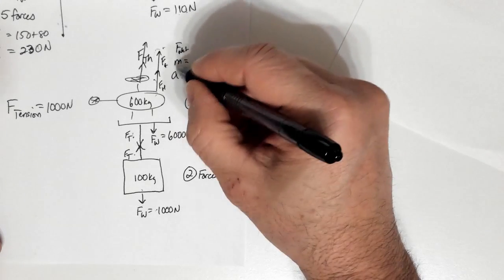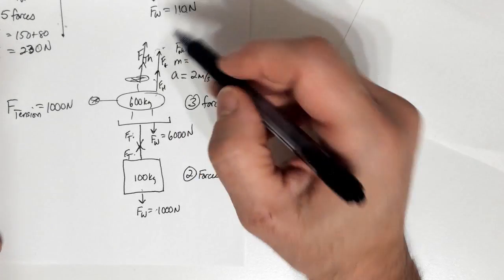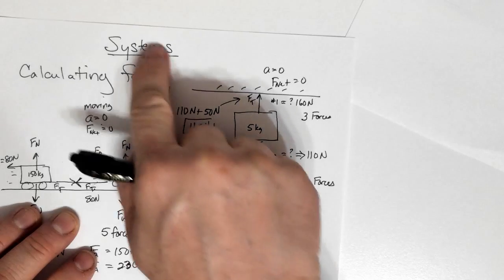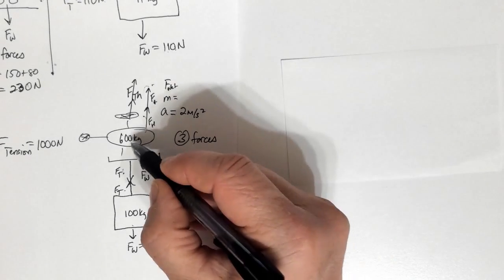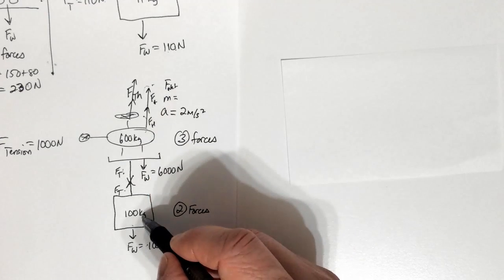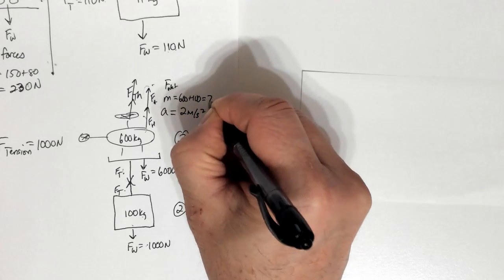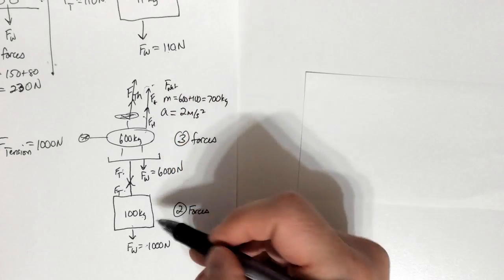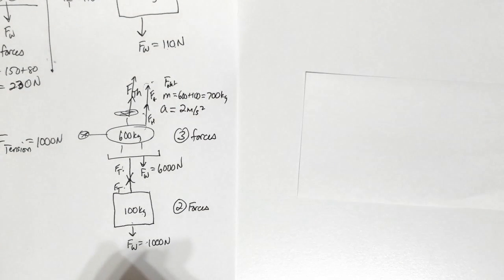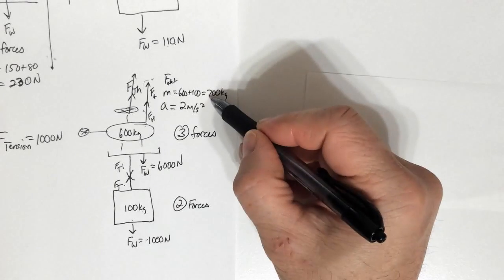So this is kind of complicated, so watch along. First of all, I need to remember, in a system, all the objects move. So I need to know all the masses. So here, this one's 600, and this is 100. So 600 plus 100 is 700 kilograms. Both are moving together. So that's easy to understand.